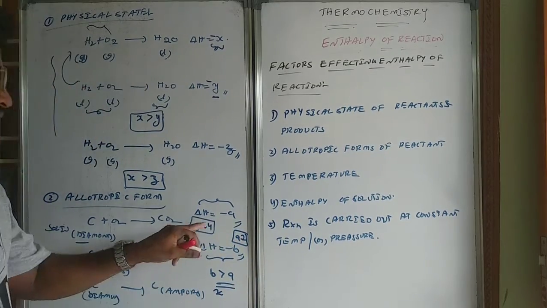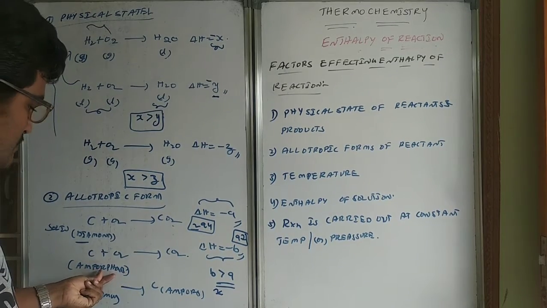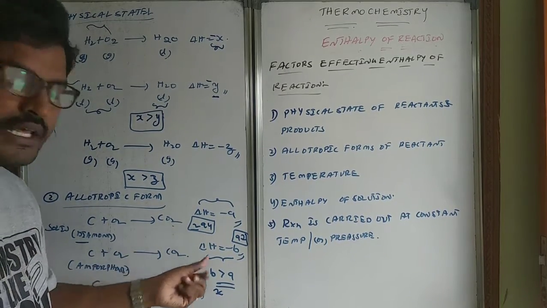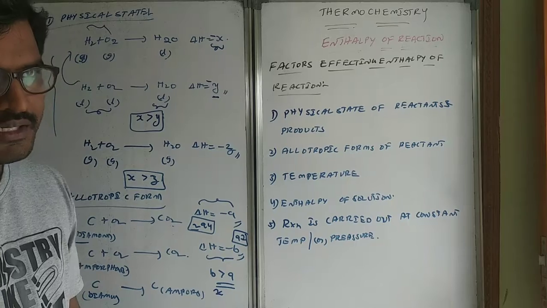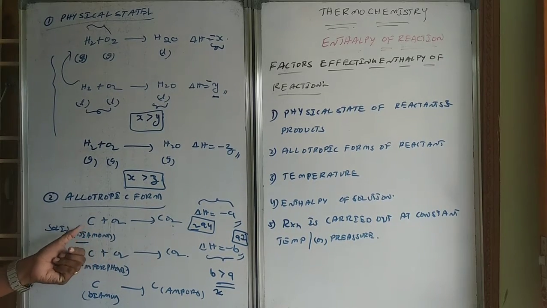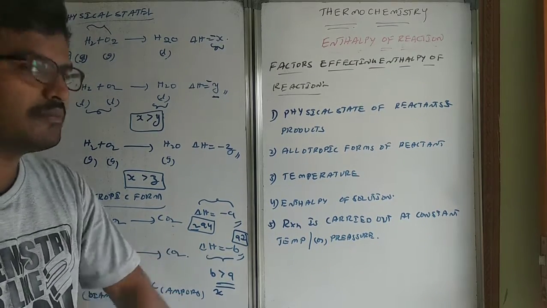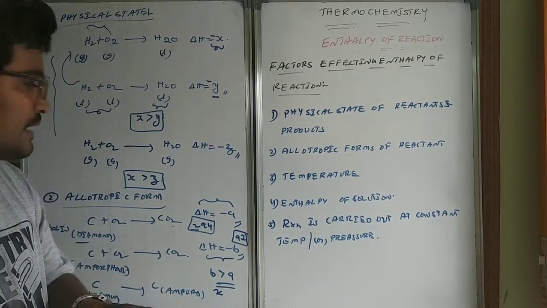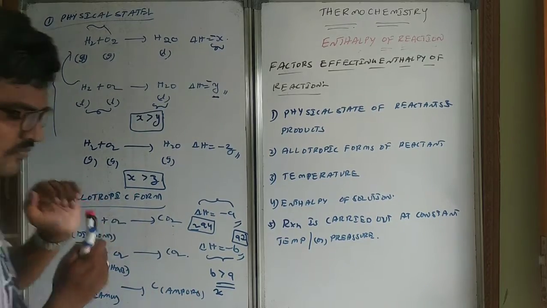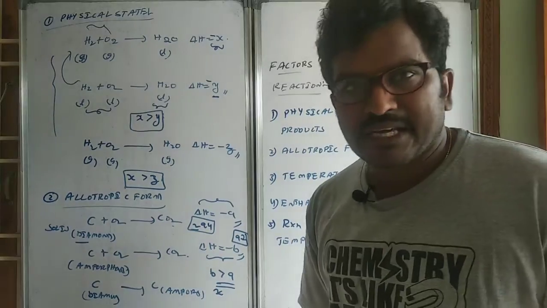So why it is 94 and 97 means amorphous is in the lower energy, so when it undergoes combustion, there is no wastage of energy. But in case of the diamond, some amount of heat will be utilized for converting into amorphous state. That's why it will be changing. So that's why as the allotropic form changes, the enthalpy of reaction changes.